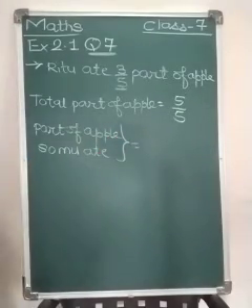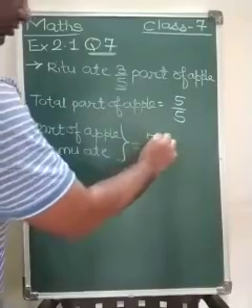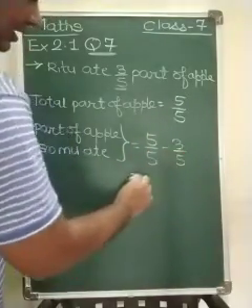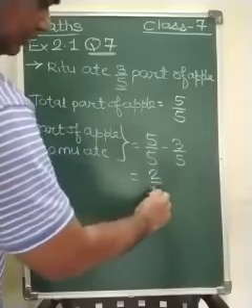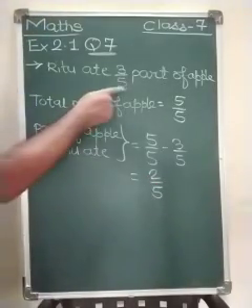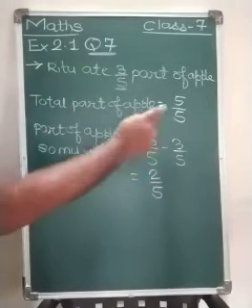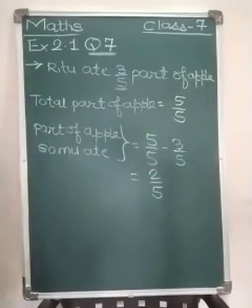So part of apple Somu ate equals 5 upon 5 minus 3 upon 5. This equals 2 upon 5 parts. That means out of 5 parts, 3 parts are eaten by Ritu, and 2 parts are eaten by Somu.